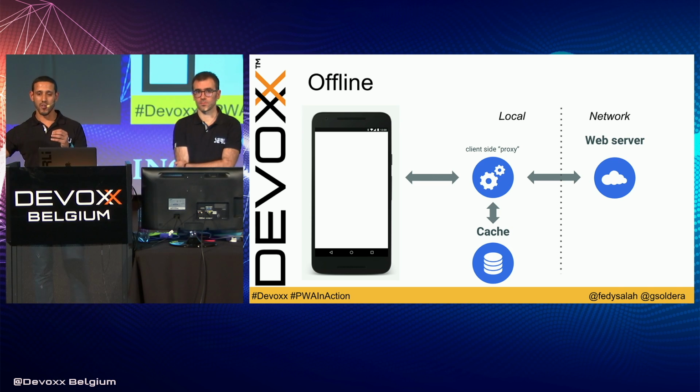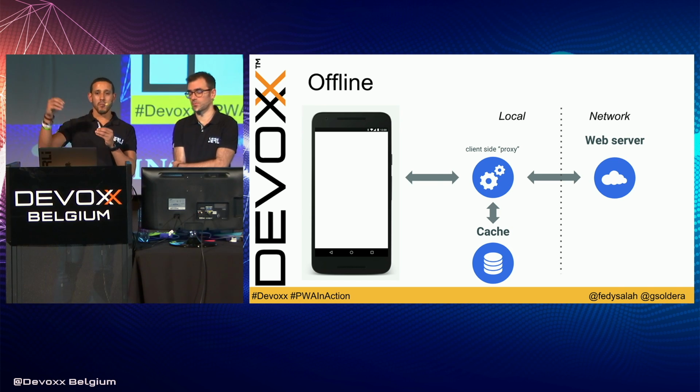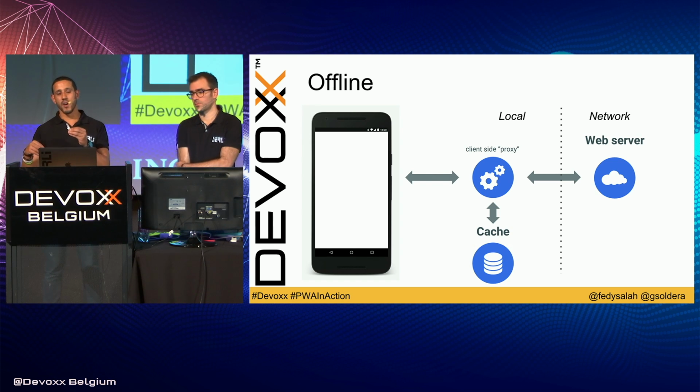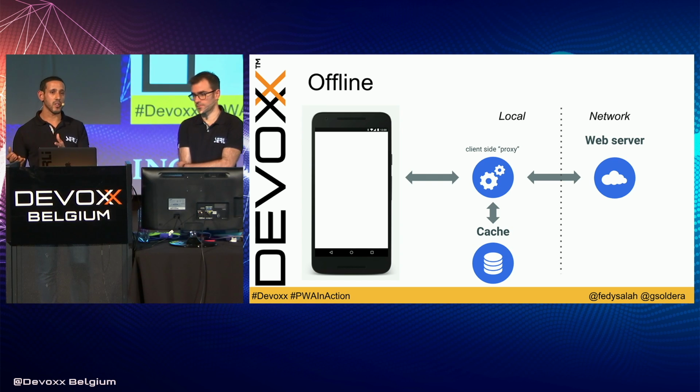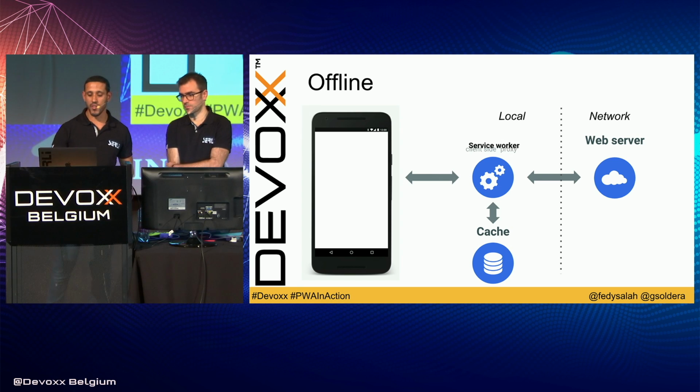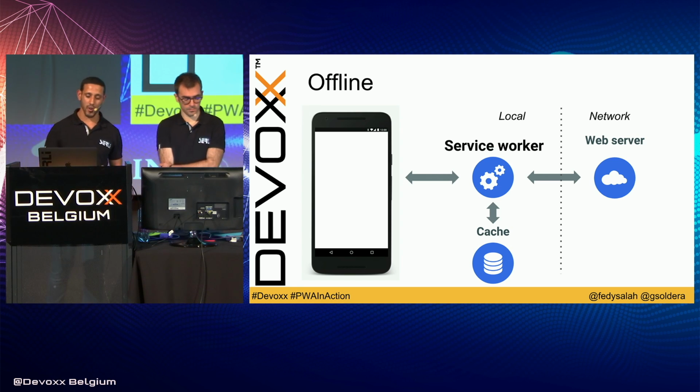It will call the server, get the response, maybe store the response somewhere, and respond to the client. And maybe when the server is not reachable, this proxy can send the stored response instead of the actual response. And so that's what we call a service worker.